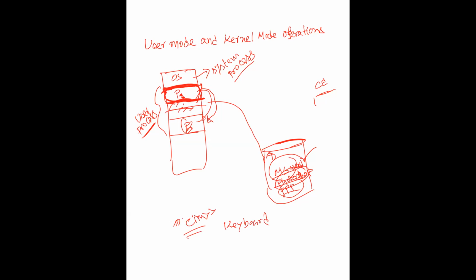Or you may write a mouse program to take data from the mouse, or you can read a file from the HDD. These are IO devices.